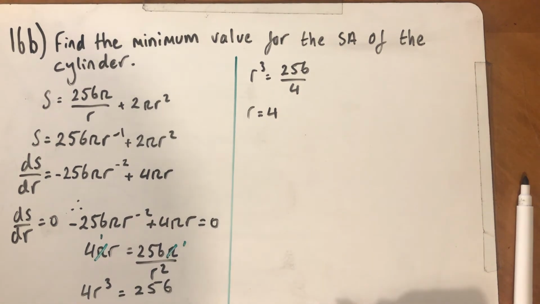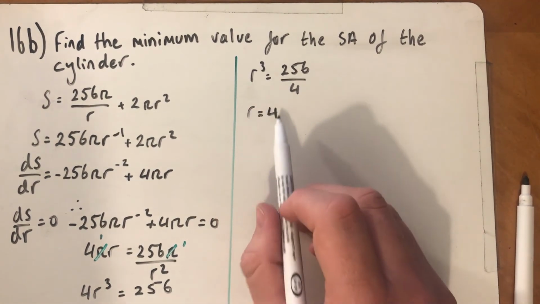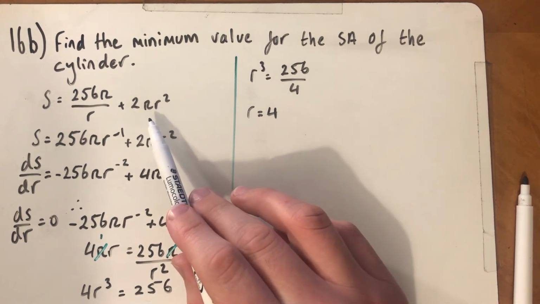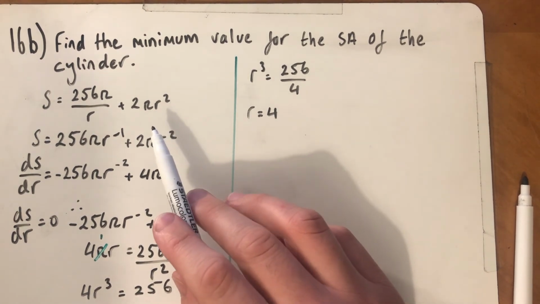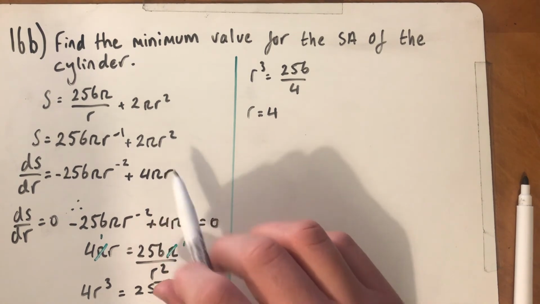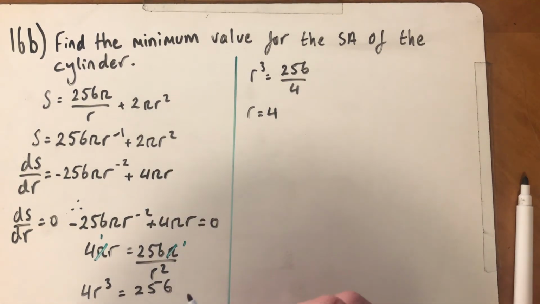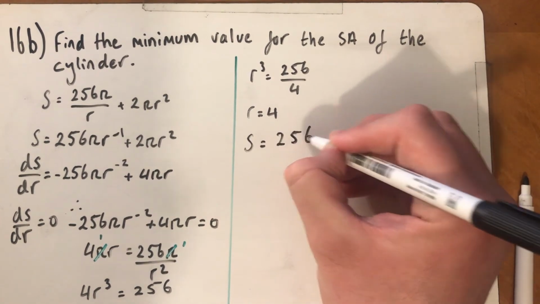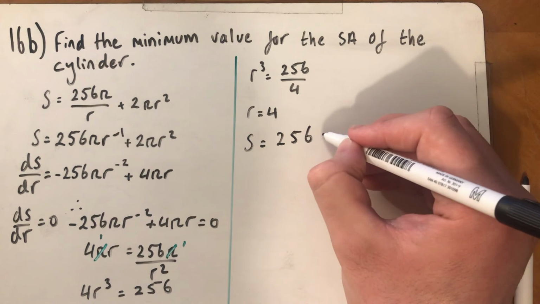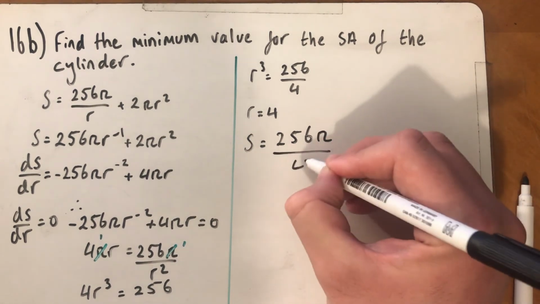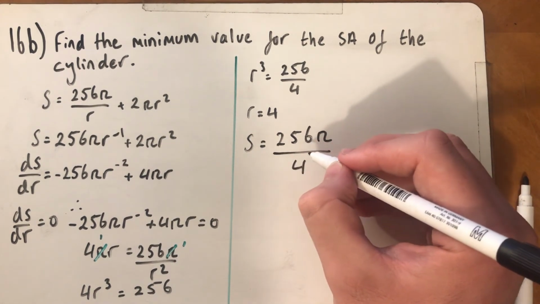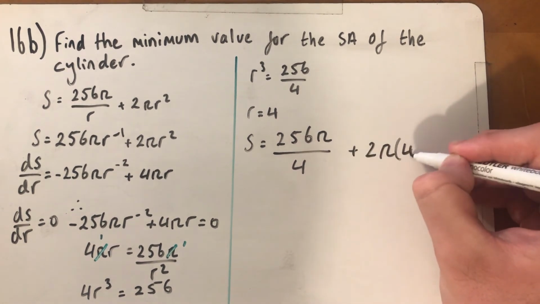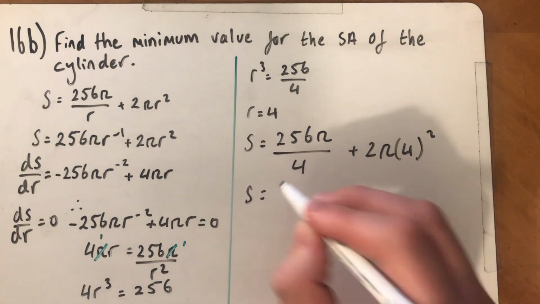So what we can do now is simply resubstitute this back into the original equation in order to find the minimum value of the surface area. We should just get S equals 256 pi over 4 plus 2 pi 4 squared.